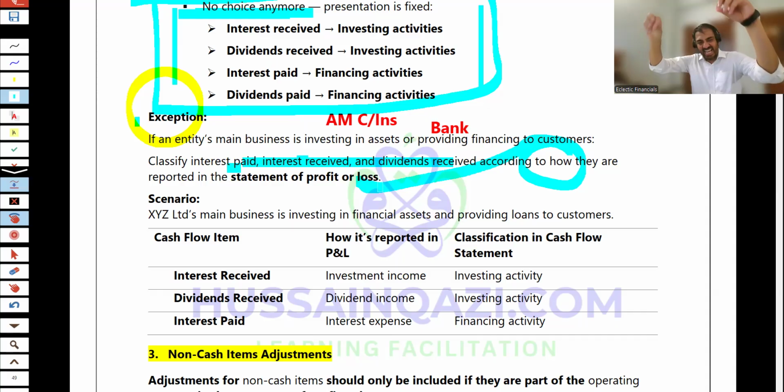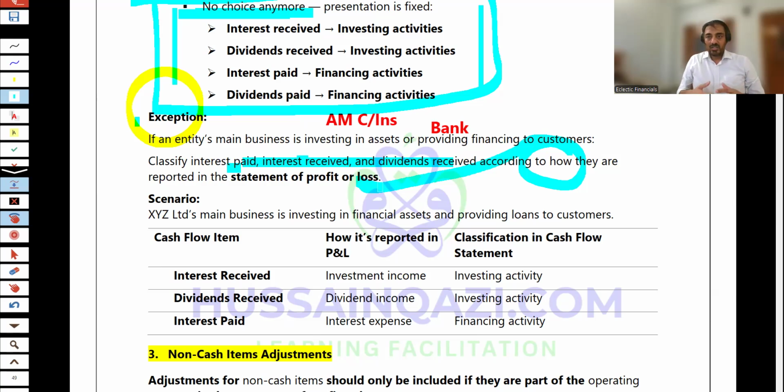Dividend paid in any case, either Toyota, bank, or insurance company, is always with financing activity. So this exception for banks and insurance companies is about interest paid or received and dividend received.